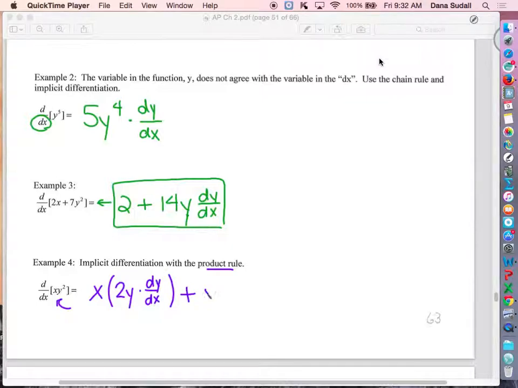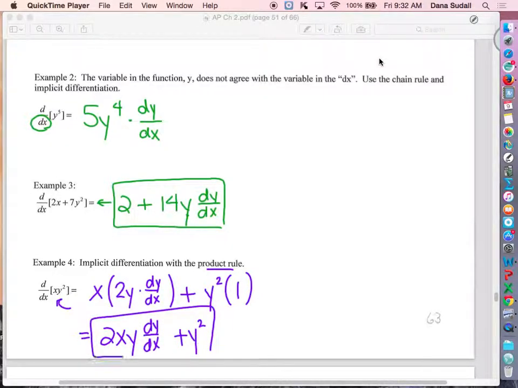Plus the second function, which is y squared, times the derivative of the first, which is 1. So if I wanted to put for the derivative of 1, I could put dx over dx with it, but we don't bother to write that because you just multiply by 1. And then you can simplify this a little bit. Dy over dx plus y squared.